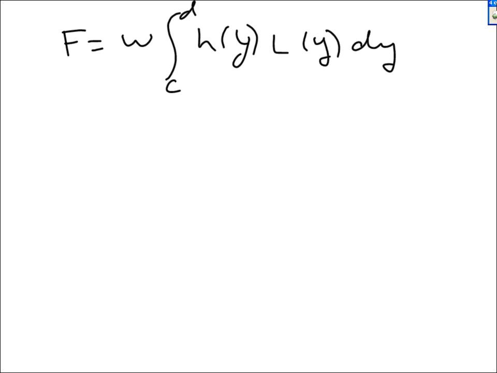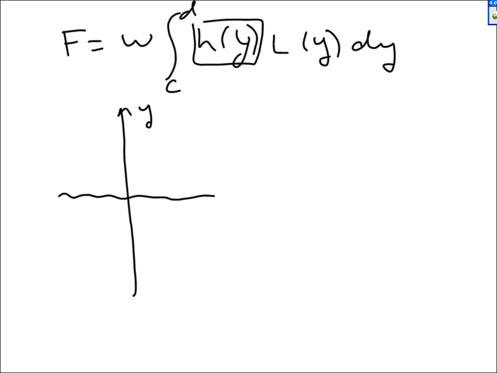Now, h of y is the depth of the fluid at y. How deep is it at y? If this is the water level, and you call this the y-axis, and for whatever reason, you put 0 there, and this is, say, 2. All right, negative 2.